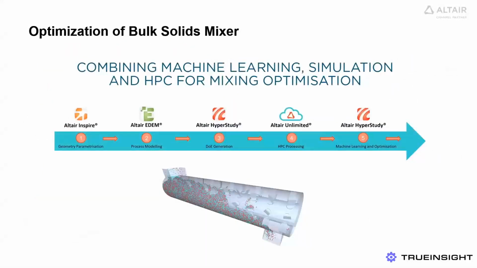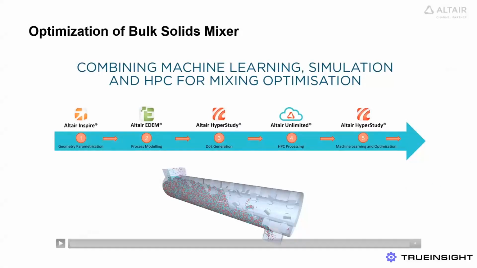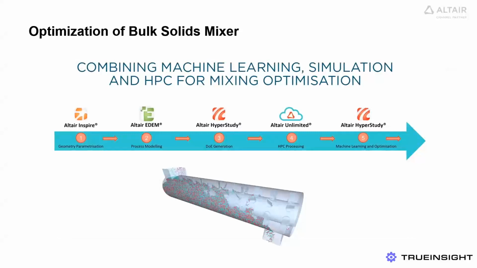In our last example here, we can see how 3 of Altair's softwares were used to optimize a bulk solid mixer. The geometry of the mixer was defined parametrically in Altair Inspire.